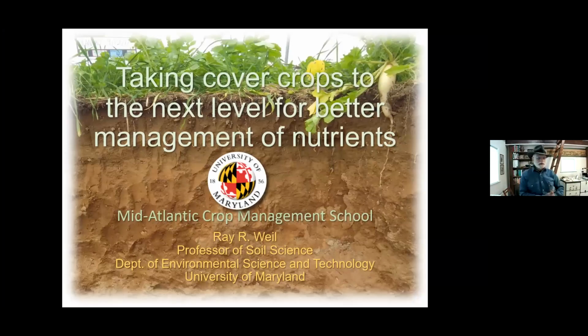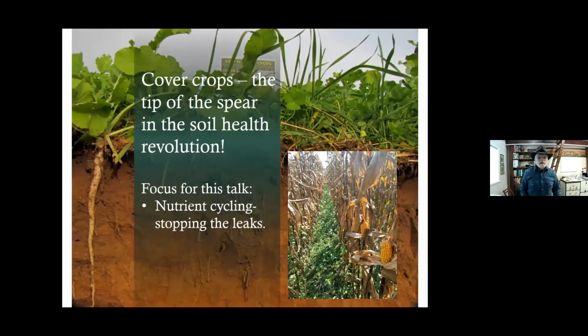So today we're going to talk about some advanced cover cropping methods with the aim of improving nutrient cycling and seeing if we can't get better soil fertility and maybe lower fertilizer bills in the process. You all know you've been hearing a lot about cover crops over the last few years.